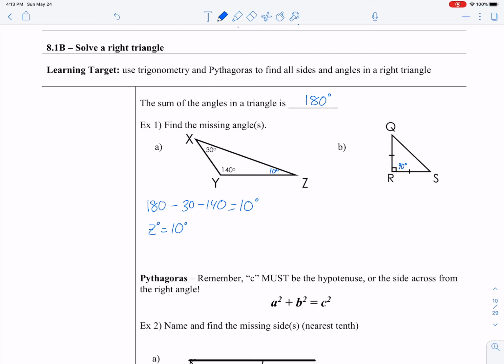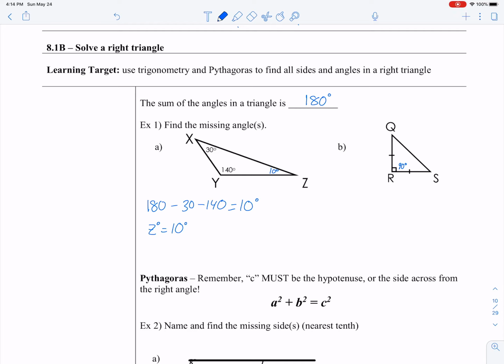And a side with a little line through it means that this side and this side are equal in length. If there are two sides of equal length, then the two angles opposite those two sides must be equal. So if the two sides are equal, the two angles are equal.